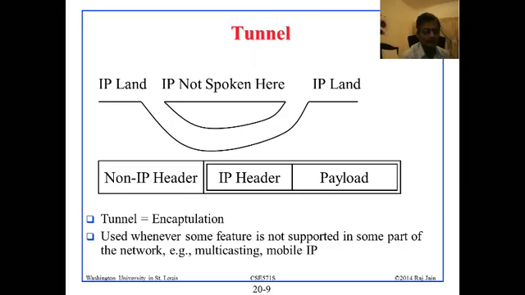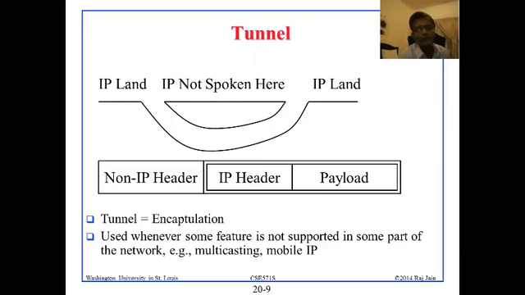For example, if you are going on IPv6 and you have to pass through an IPv4 network, you will use a tunnel, and vice versa. If you are going over IPv4 and you have to pass through an IPv6 area, you use a tunnel.